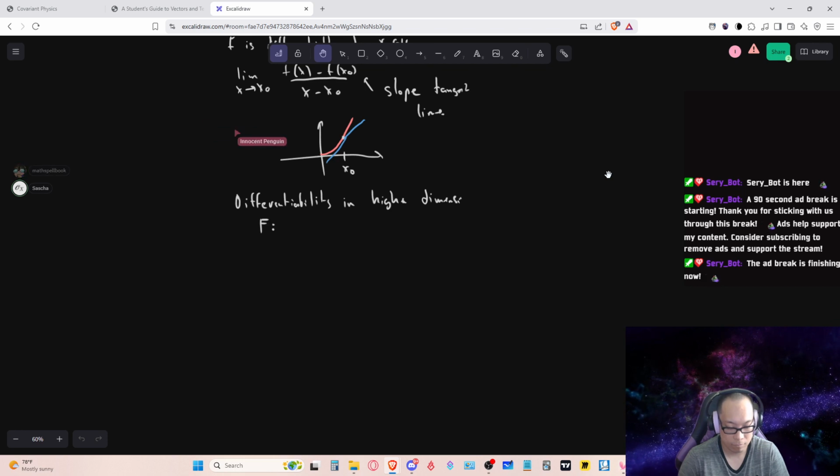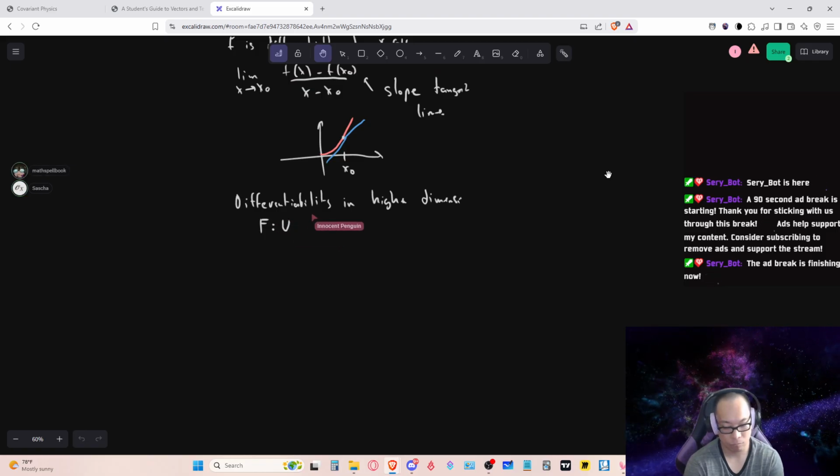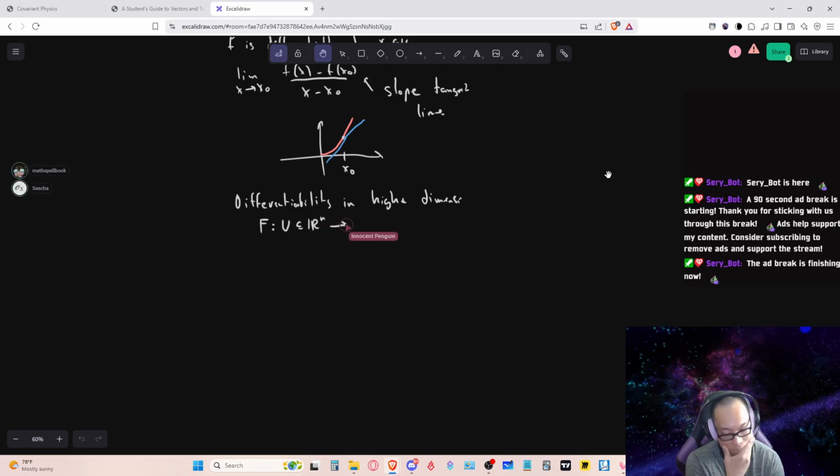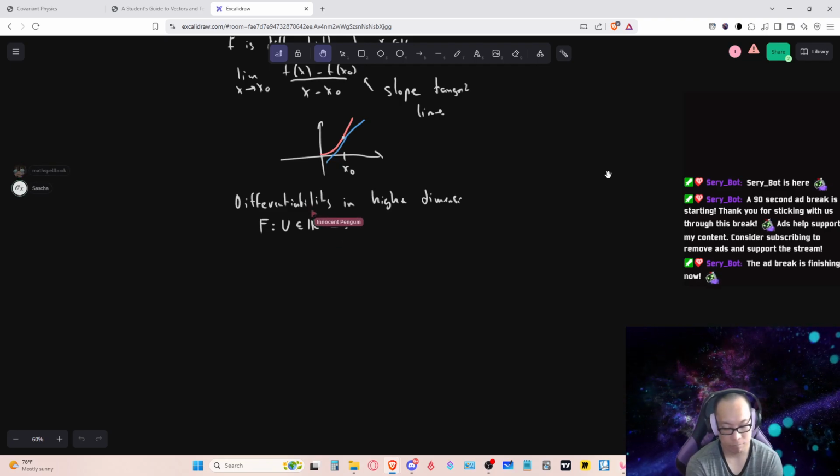Okay, so again, we're going to have pretty much the same setup. We're going to have some open disk, this time a somewhat more reasonable disk, sitting inside of some R^n. This is just an n-fold copy of R, for example, R^3 or R^2, and this is mapped to R^m.